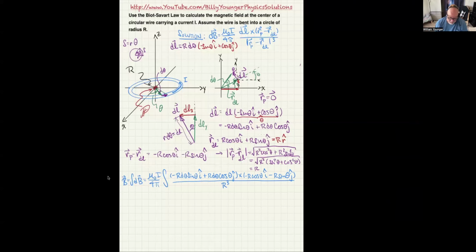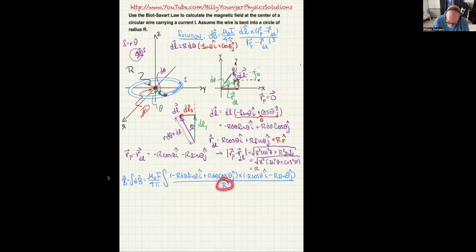I think you can see that there's a common factor of r in the first vector, and then there's a common factor of r in the second vector, and because of that you get r squared in the numerator.